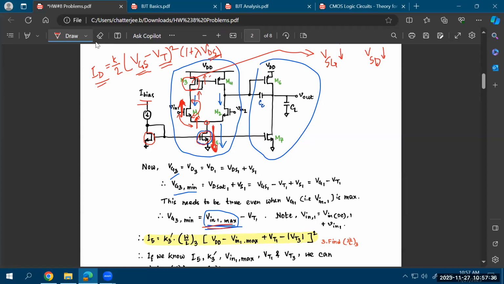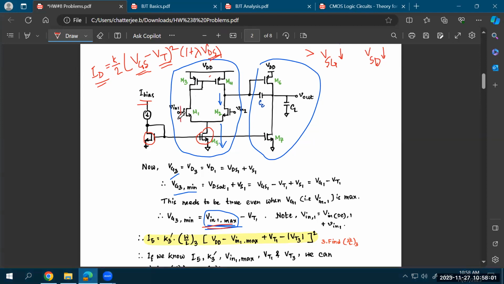Similarly, when you are trying to design M5, so I'll just remove all this writing over here. Okay, so when you are trying to design M5, you consider the V1 min. What is the minimum voltage that can be applied at the gate of the M1 transistor? Again, why is that?